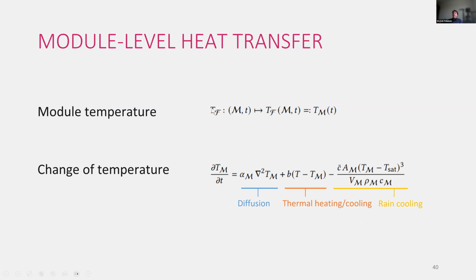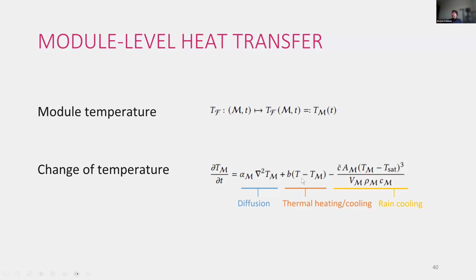When it comes to the heat transfer, we would define it in very similar terms compared to the model expressed at the scale of surface elements. So here we would now have a differential equation for the module temperature, which would again take into account the conduction of heat from nearby modules.